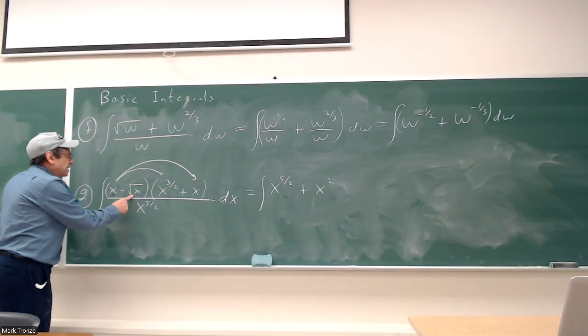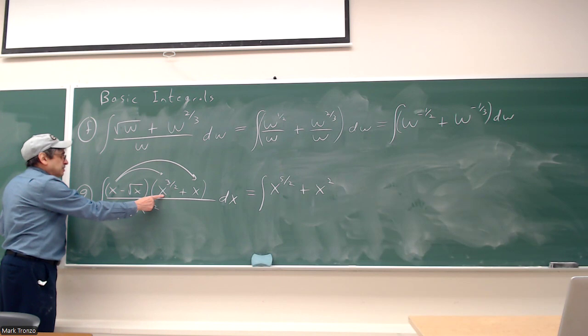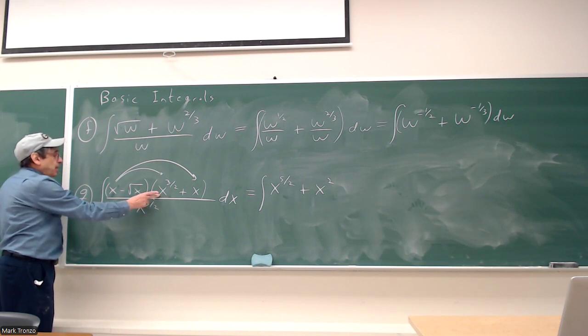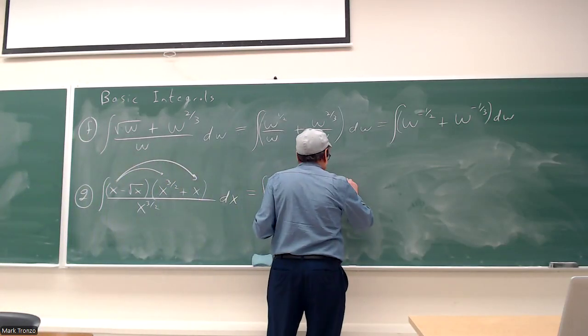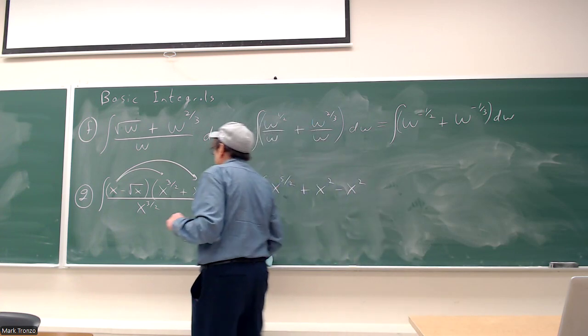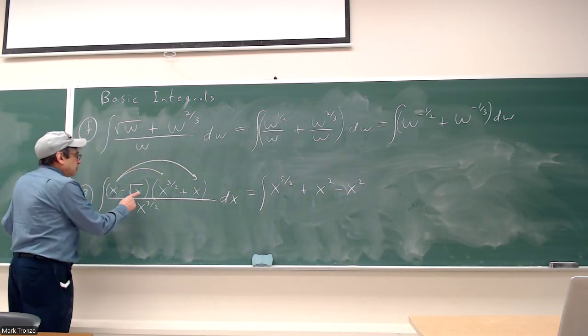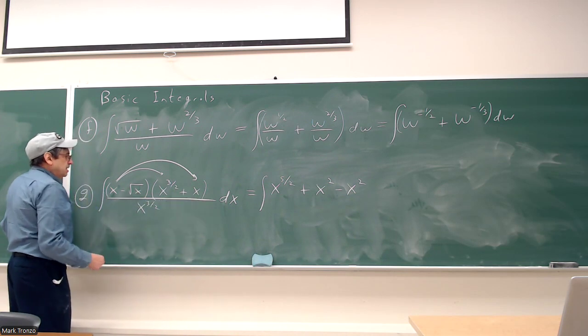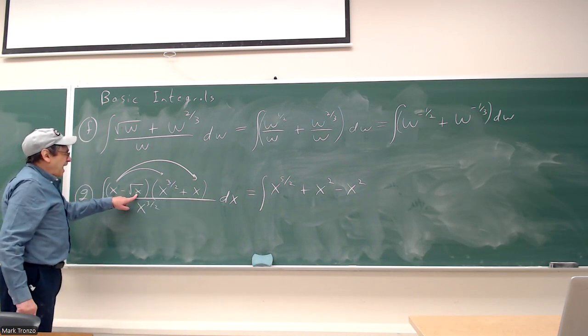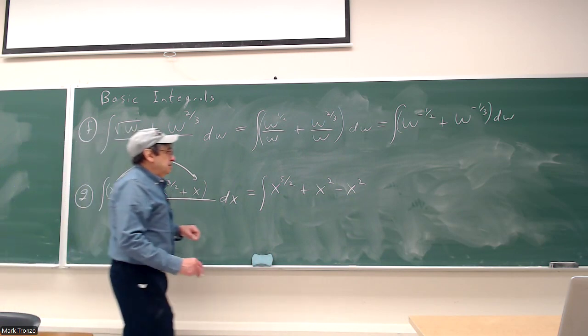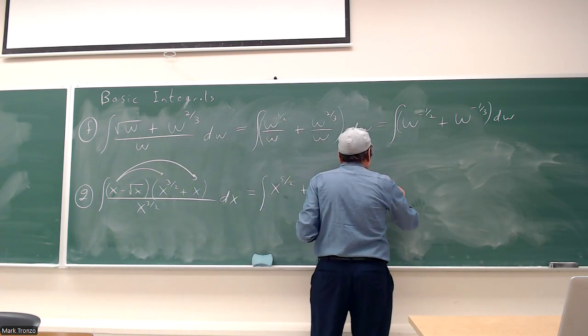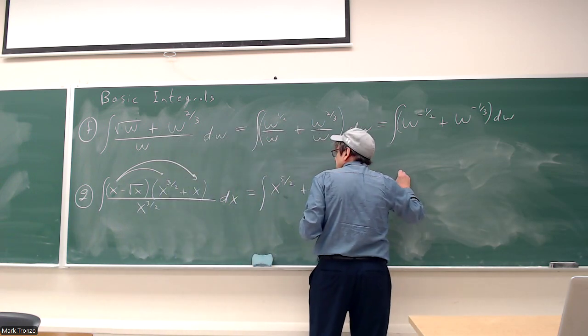Then this is like x to the 1/2 times x to the 3/2, so we add exponents. That's going to give us x to the 4/2 or x squared. Then we multiply this times this. This is going to be x to the 1/2 times x to the first. Add exponents. That'll give us x to the 3/2.